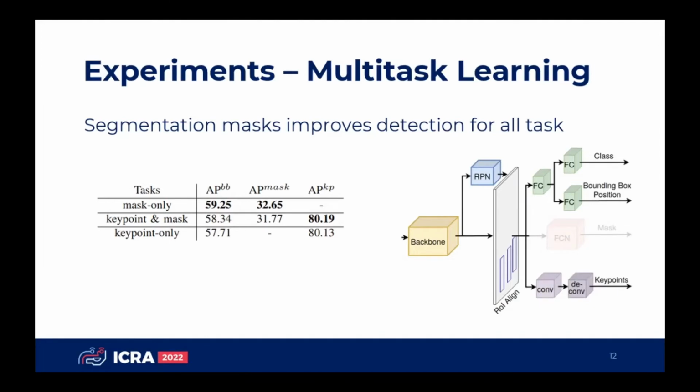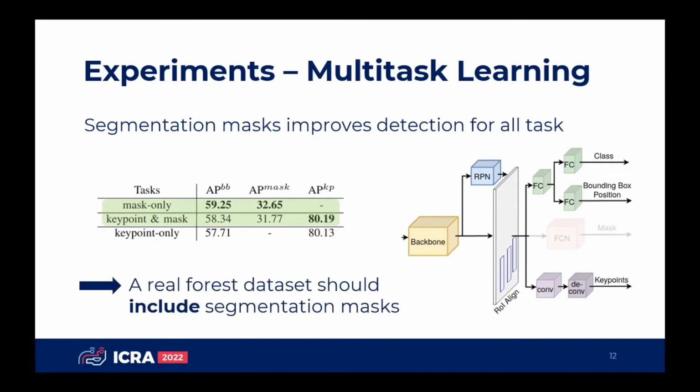Interestingly, and similar to other previous works, we observed that adding the segmentation task improves detection results for all tasks, but that adding the key point branch does not really benefit any other task. This indicates that better bounding box and key points prediction can occur by learning features specific to segmentation. And to us, this indicates that including the segmentation annotation in the dataset is primordial.